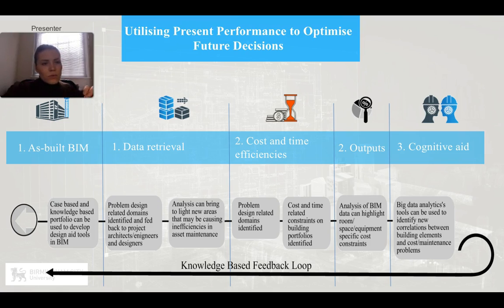This means that where we're using BIM for asset management and integrating it with real-time data on how the building is performing, this can in turn be used as a knowledge-based feedback loop to better inform those designers that have been involved in the development of that project. And traditionally this has been done via a post-occupancy evaluation.